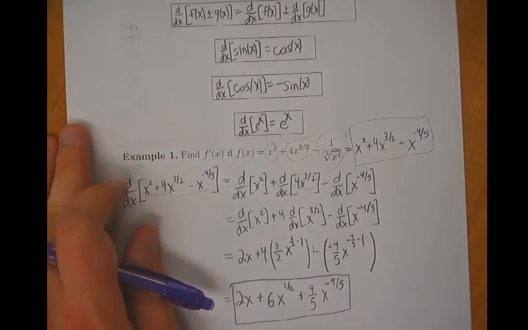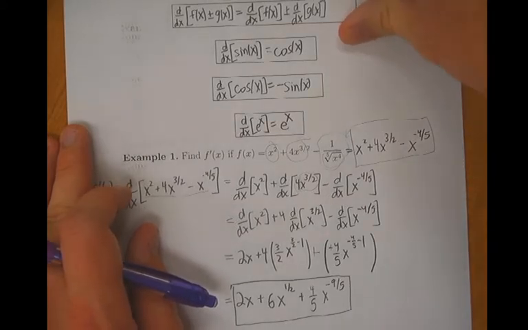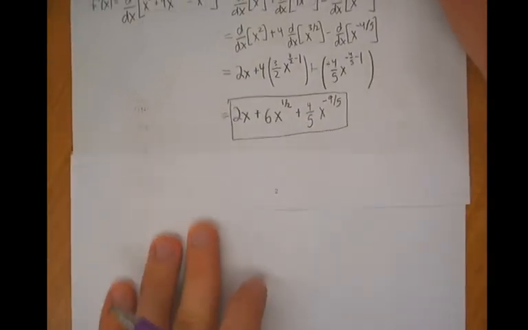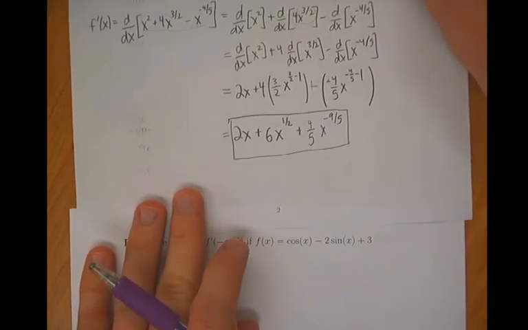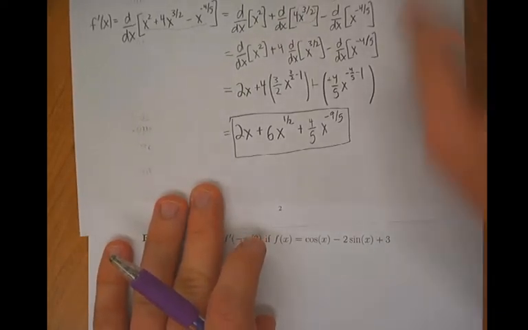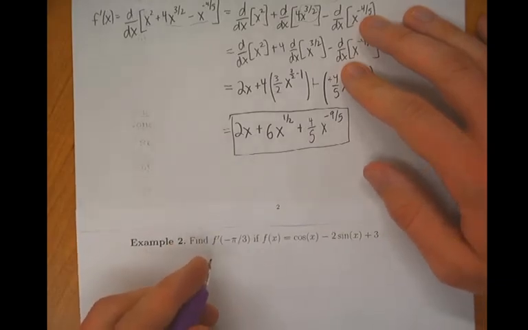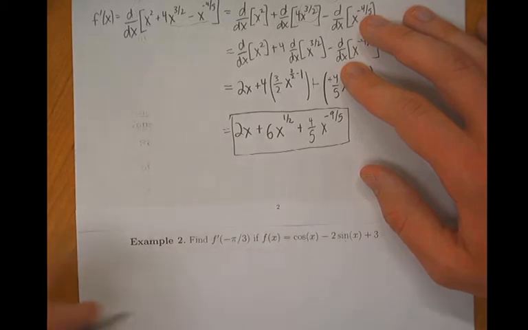So we're going on to example 2. In this case, we have to find f prime of negative pi over 3 if f of x equals cosine of x minus 2 times sine of x plus 3.